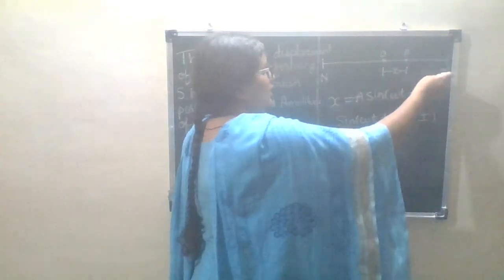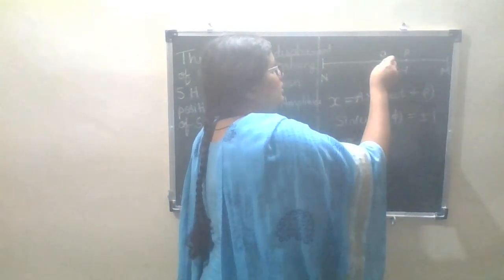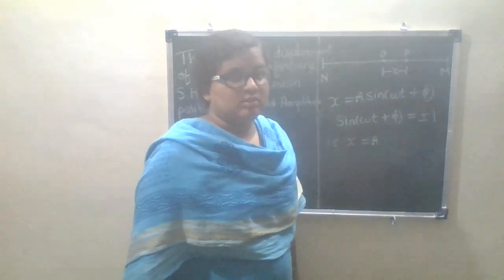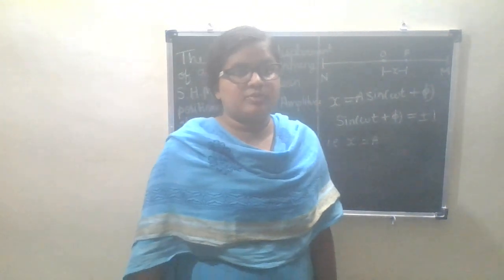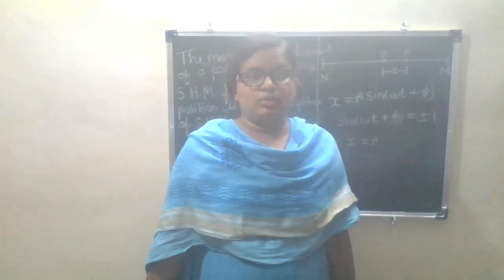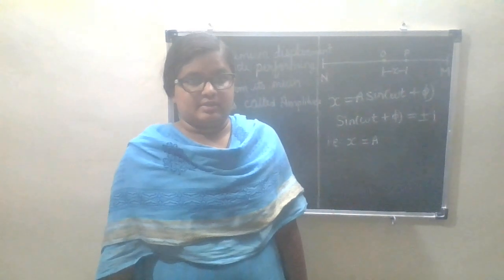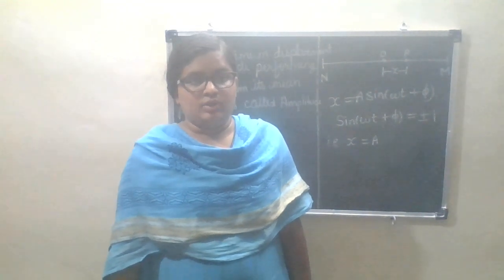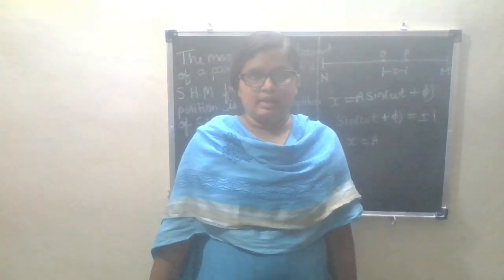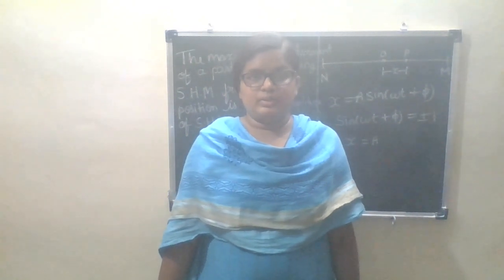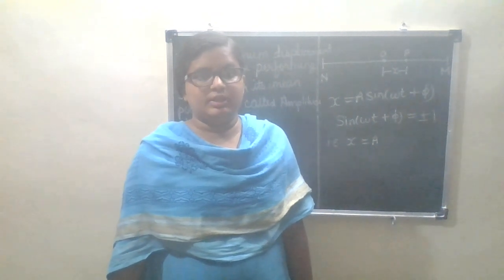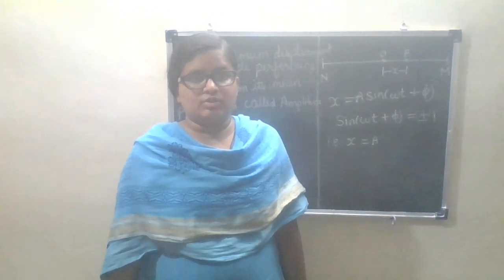From MN, the point O is the mean position, and P is the point which is performing the simple harmonic motion, and the distance between O and P is x. And we know the value of x. x is equal to a sine omega t plus phi, where phi is the constant.